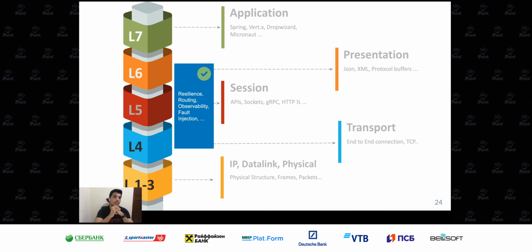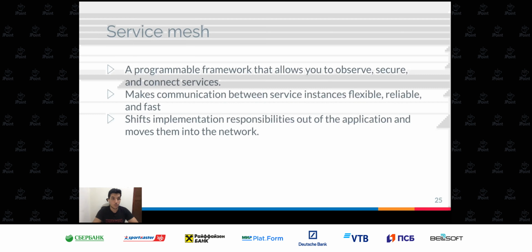As with everything in the cloud native era, we declare our intentions, and then the control plane will apply that declarative configuration to our infrastructure. So service mesh aims to give operators control over how their service layer is running.